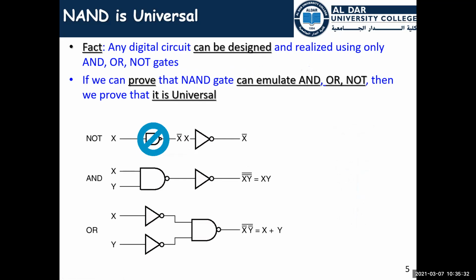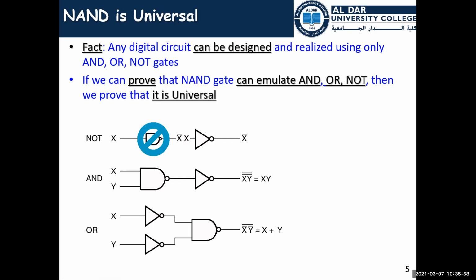So any control logic can be designed using AND or NOT. So if we are able to represent AND or NOT using NAND, it's good. We can say that NAND gate is a universal one.